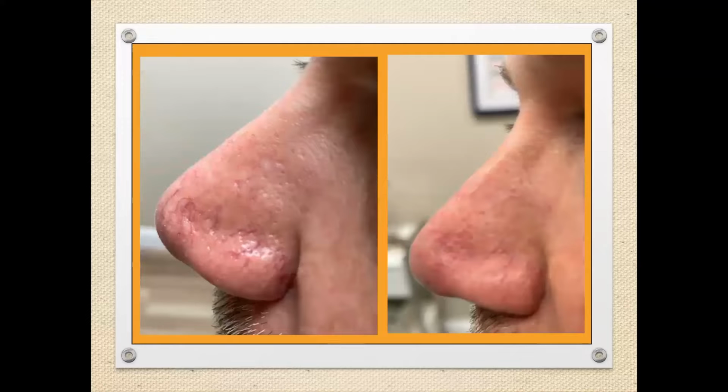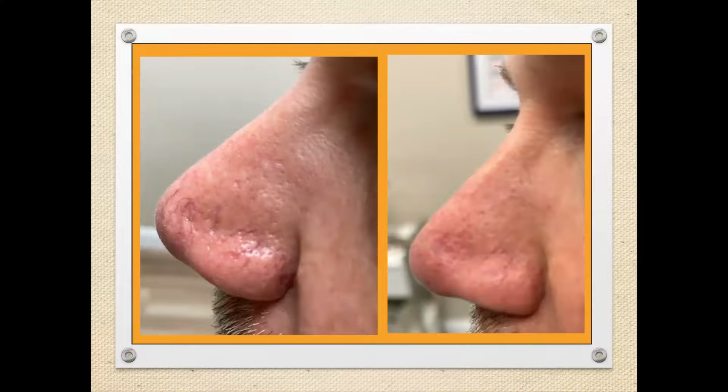Another common scenario that we see. This is a gentleman with rosacea of the nose and these very, very dense veins that he was very, very self-conscious about. These we treat in the office also. These tend not to respond to lasers.